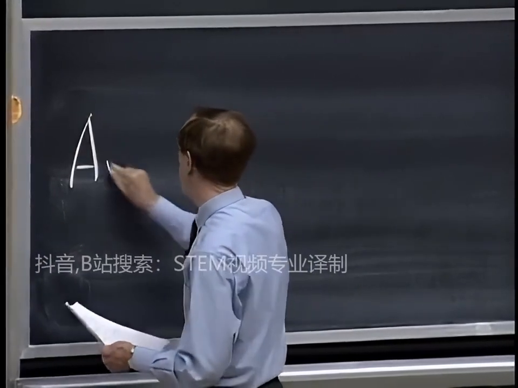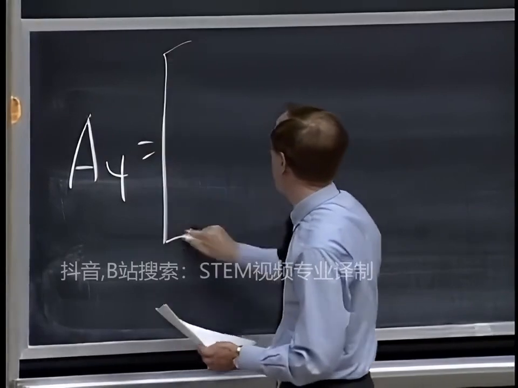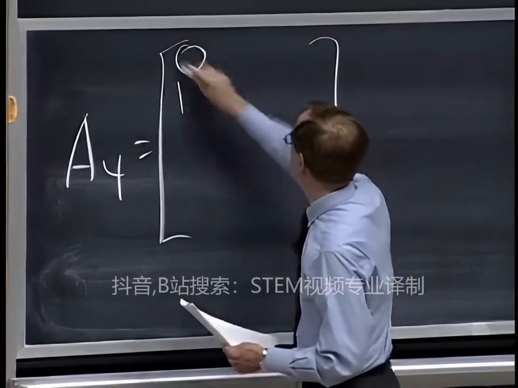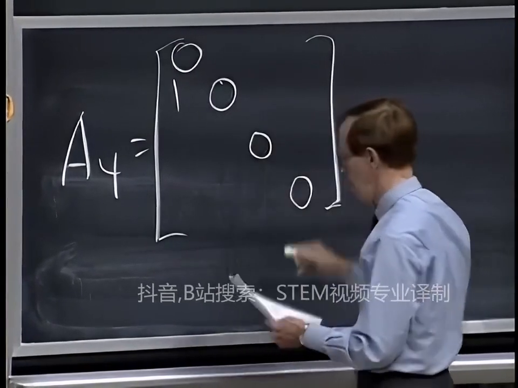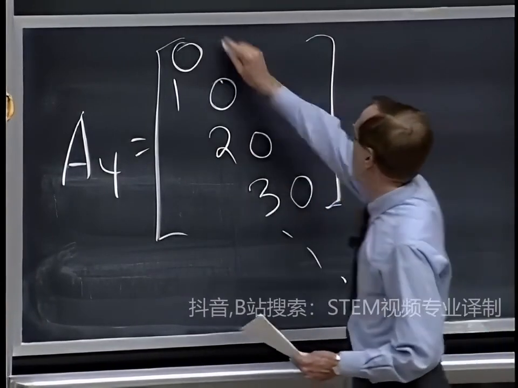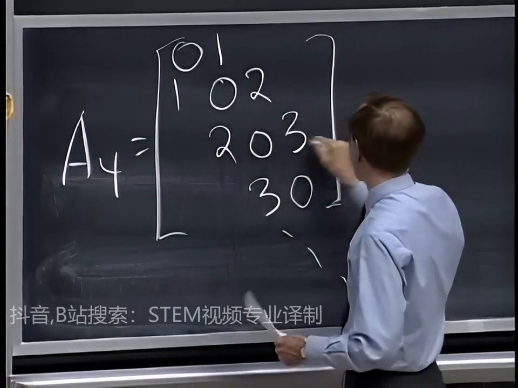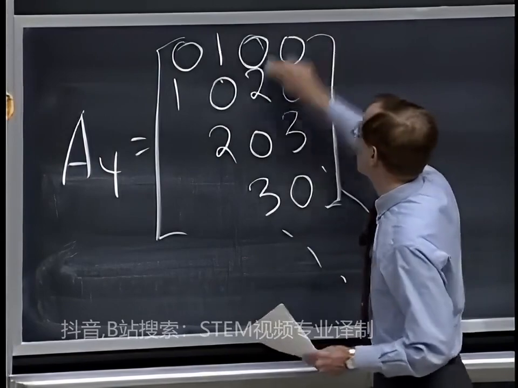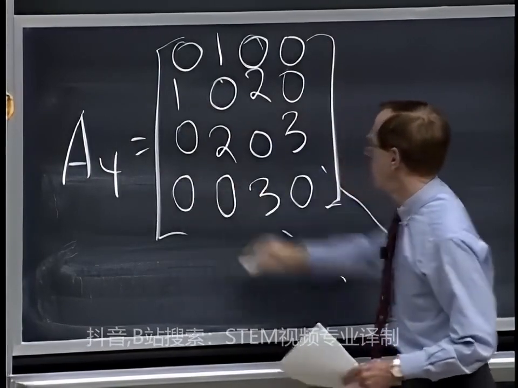The fourth guy in the family has zeros on the diagonal, but these are going 1, 2, 3, and so on. For the 4 by 4 case, I'm stopping at 4. You see the pattern?